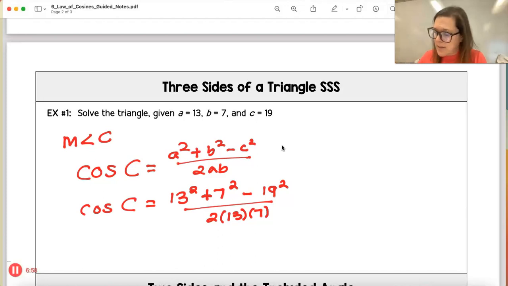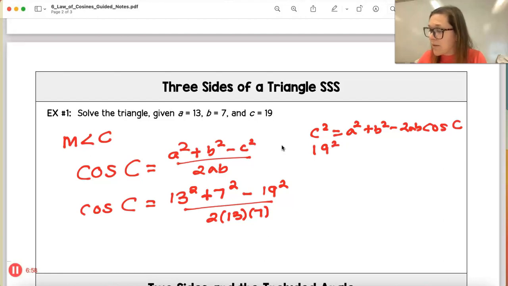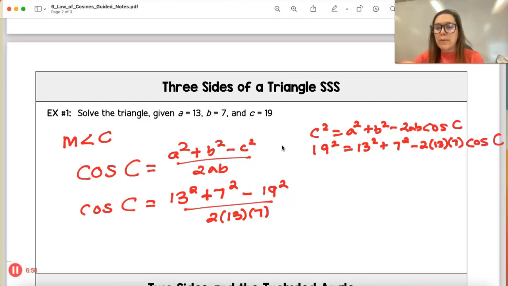Like I could have just done c squared is equal to a squared plus b squared minus 2ab cosine C, plugged everything in, and then just solved that equation for cosine C, which would not be too challenging to do. It's easier for me to memorize what I'm doing right now, and then I could just solve that out for cosine C.